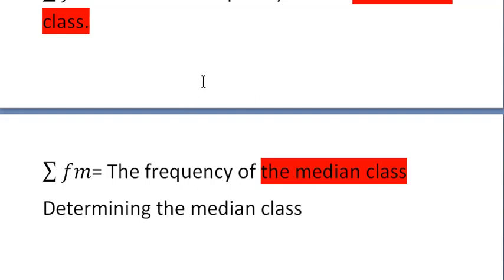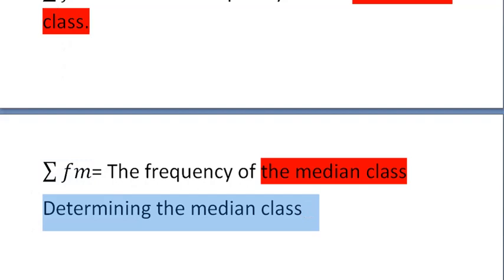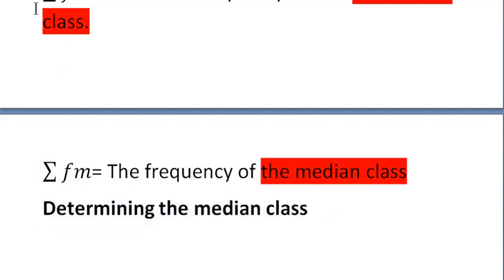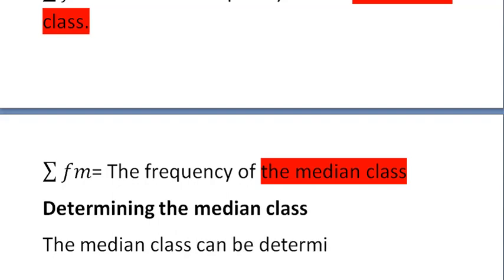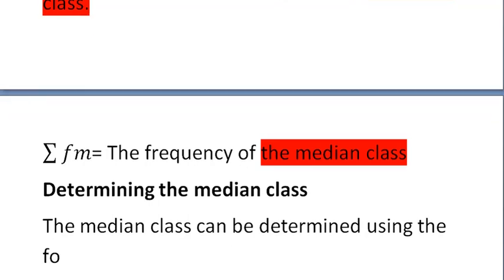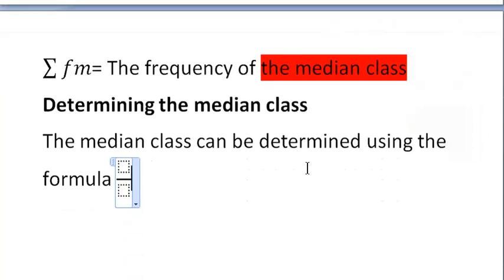We use this formula. The median class can be determined using the formula N plus 1 all over 2.